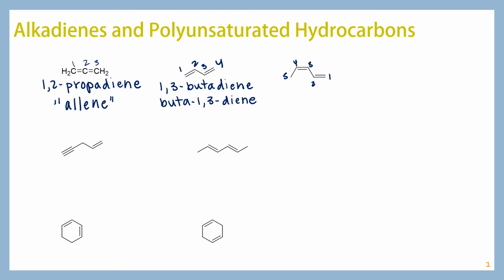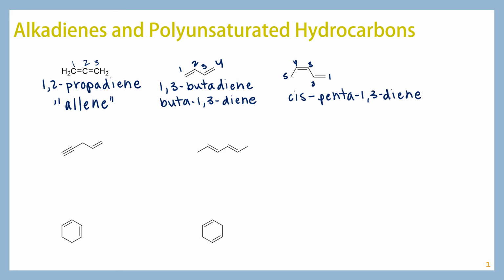And then we also need to address the fact that this double bond is in the cis position. Remember that you can use the EZ nomenclature or you can use cis-trans. But remember that cis-trans is not always applicable. So here you could actually call it cis-1,3-pentadiene or cis-penta-1,3-diene.